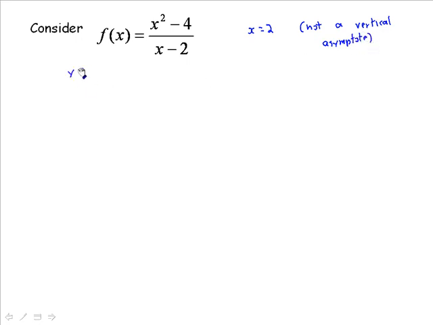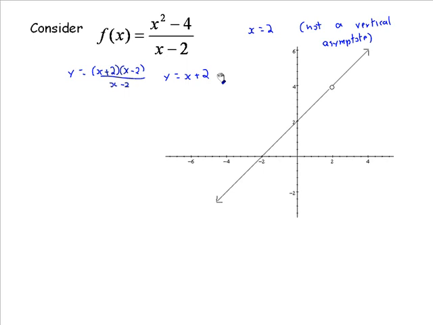This would turn into y is equal to x plus 2 multiplied by x minus 2, and you've seen this one enough times that it's not going to be a big deal. But it would then break down to y is equal to x plus 2. So it looks like a linear graph, but you have a point of discontinuity.